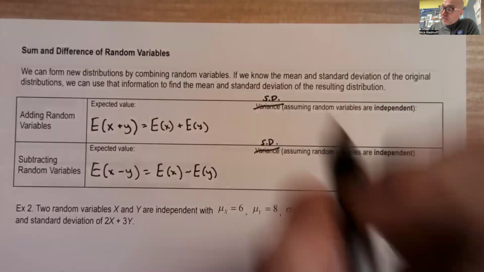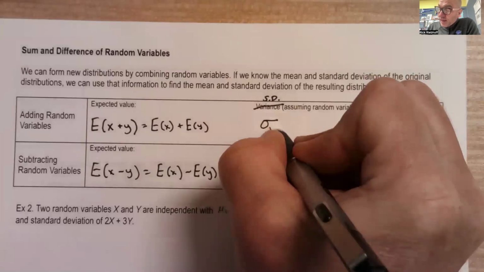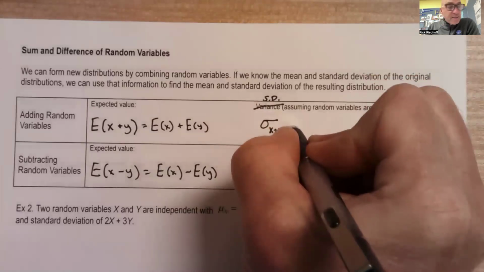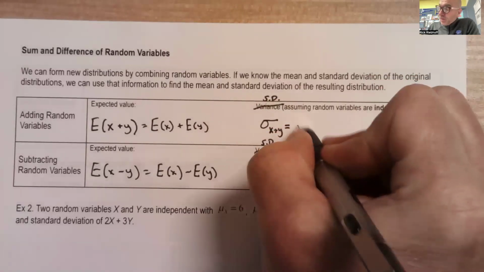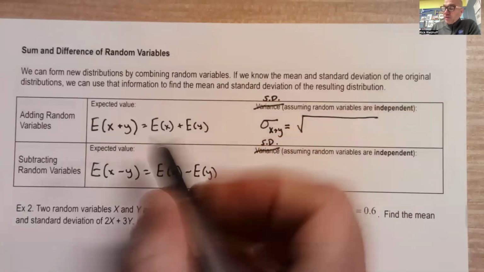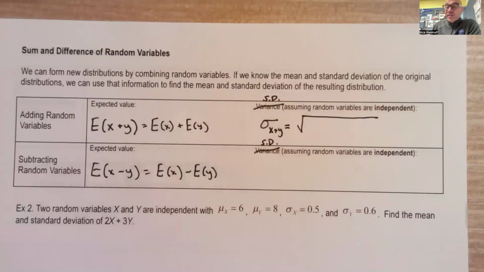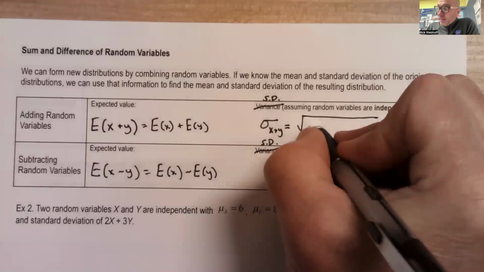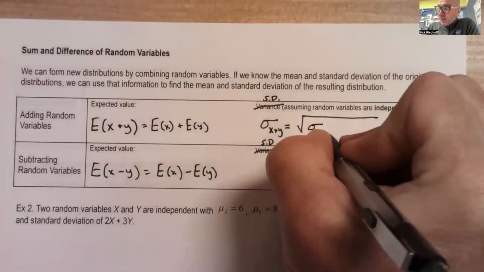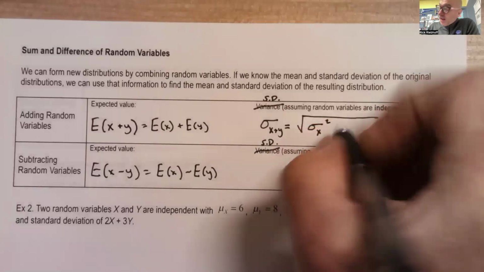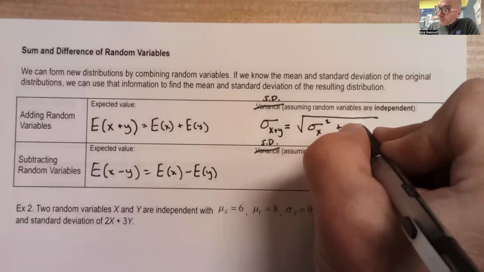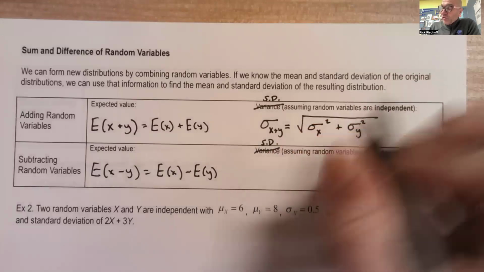Then we have this, the standard deviation of x plus y is equal to, okay, so to figure out what our combined standard deviation would be, I take my standard deviation and square it, and then I add it to her standard deviation squared. These are called variances.